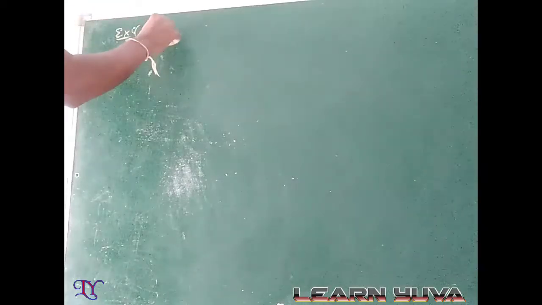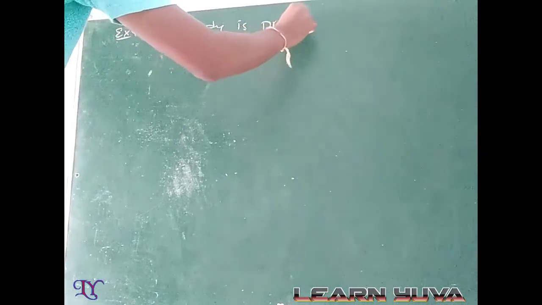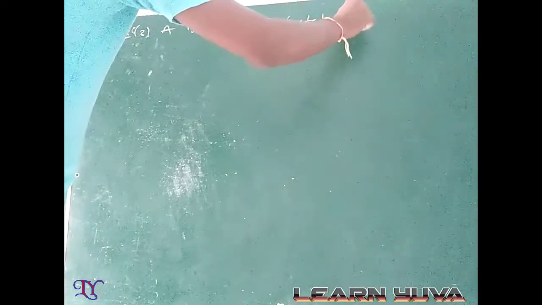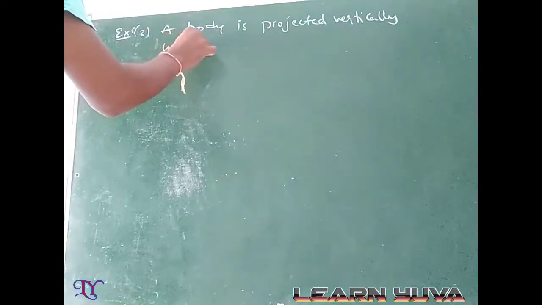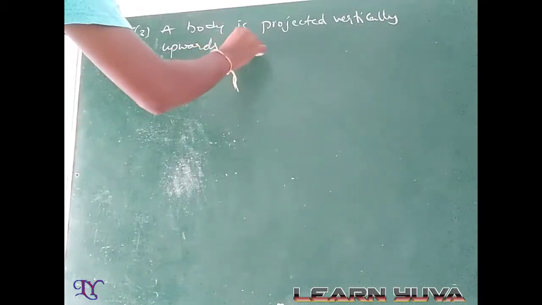A body is projected vertically upwards with a velocity of 9.8 meter per second.